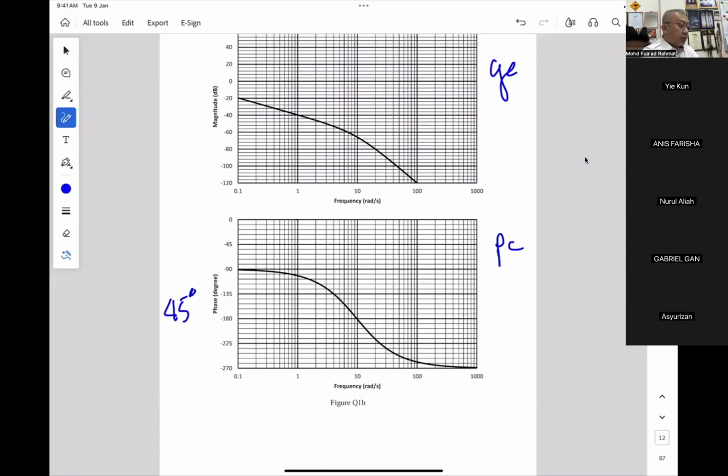Divide by how many segments there? Gabriel, how many segments there? 1, 2, 3, 4, 5, right? So it's equal to 9 degrees each segment, correct?